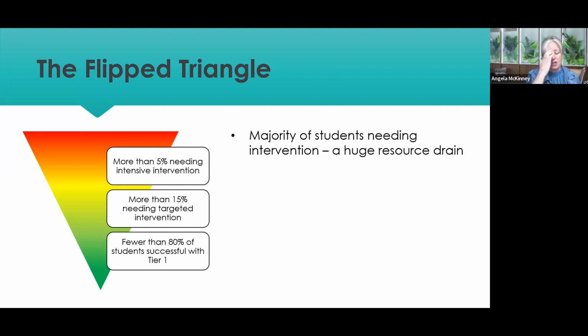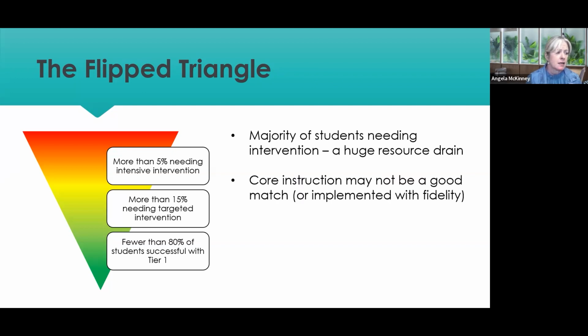It tends to be a huge resource drain, which is hard on schools. I mean, because again, our resources are not unlimited. Sometimes this is because the core instruction that we have, what we put in place at Tier 1, just either wasn't a good match. Maybe it would be great for somebody else, but not for us. Or it could be that it just was not implemented with fidelity.